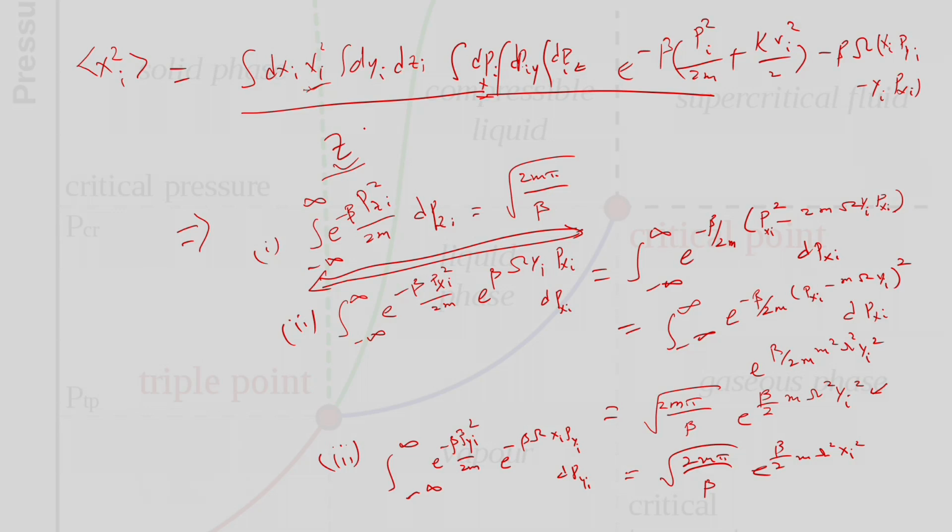So long as x_i does not couple to y_i or z_i, the y_i and z_i integrations are going to cancel out from the numerator and the denominator. So, all you have to do is do the x_i integrations and be done with it. That is what I am going to do now, using the x_i part of that. I am going to go to the next slide and write it that way.